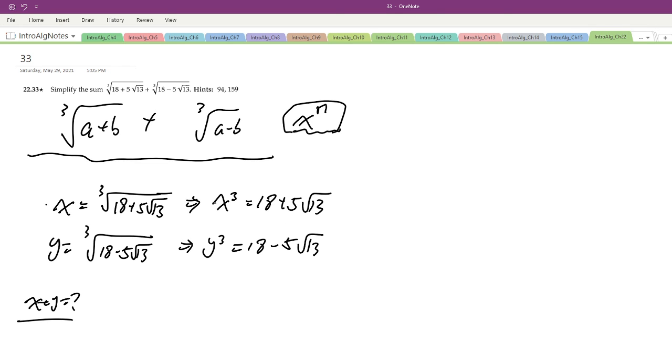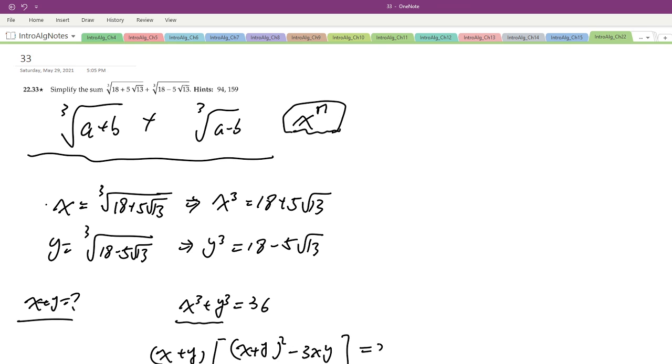Okay, now what you can see, we can manipulate the problem here, right? So x cubed plus y cubed is equal to 36, right? So for x cubed and y cubed, we can do x plus y cubed minus 3xy times x plus y equals 36.